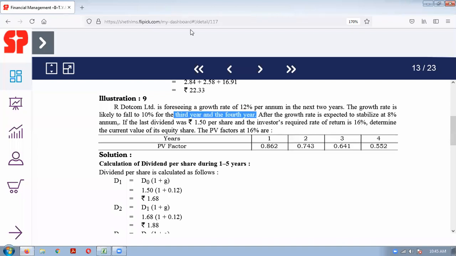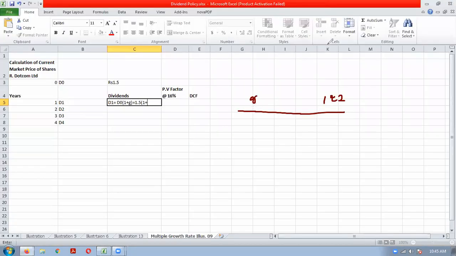12 percentage. What is the growth rate for the first year? For the next 2 years they are told, no? First and second year, growth rate is 12 percentage. So multiplied by 0.12, we will get D1.